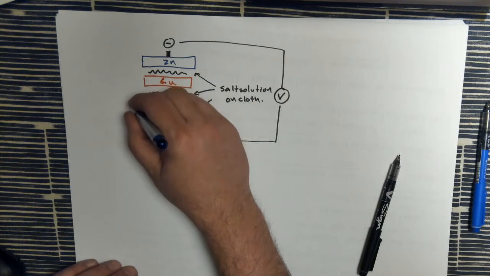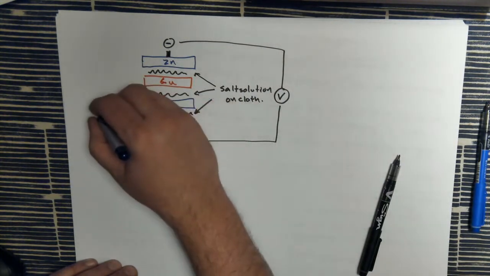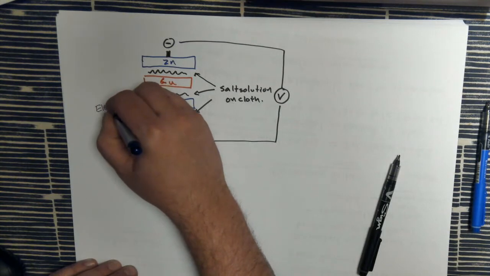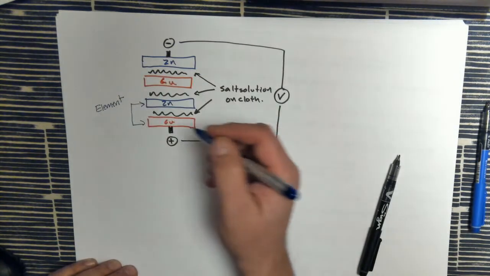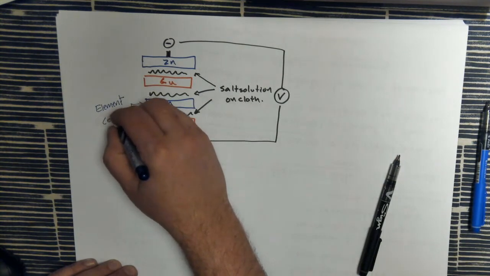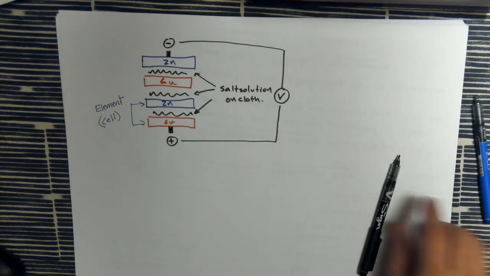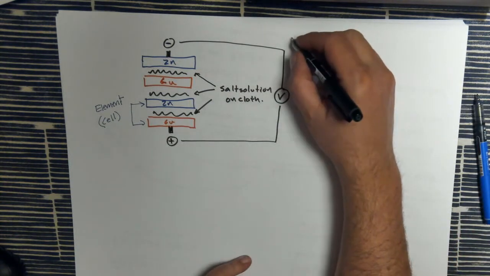One of these combinations is called an element. And we will also learn that it's now sometimes called a cell. So the first battery looked something like this, and this is what we call the volta stack.